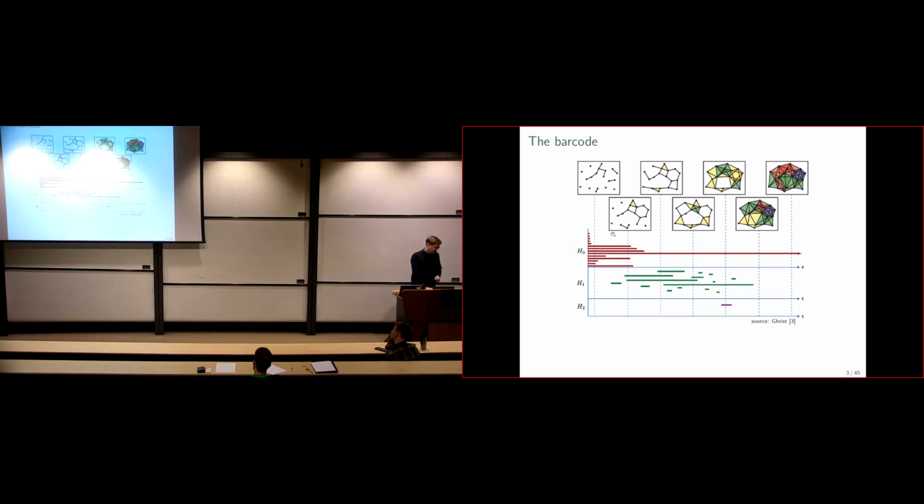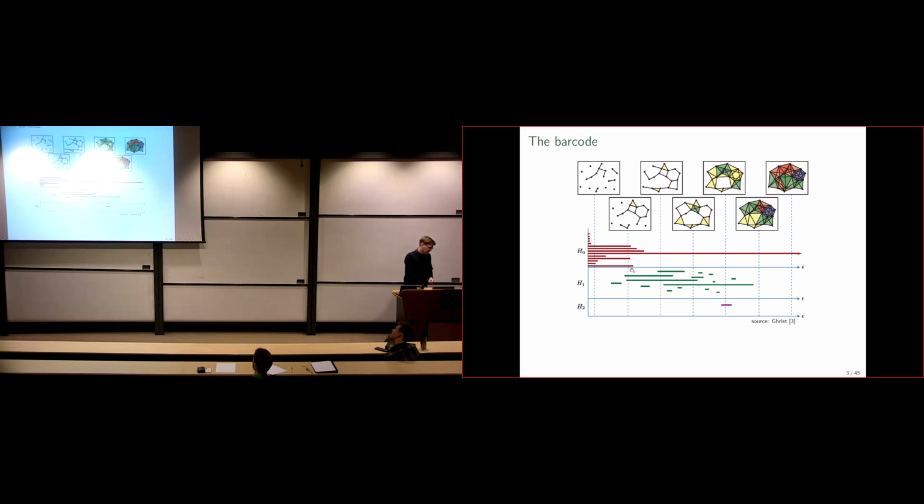And now if we look at the second snapshot here, we can see that two cycles have formed. This cycle here and this cycle here. And this is illustrated by these two green bars here. So these represent these two cycles.